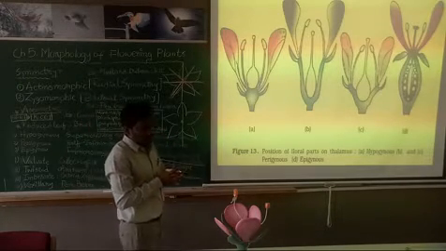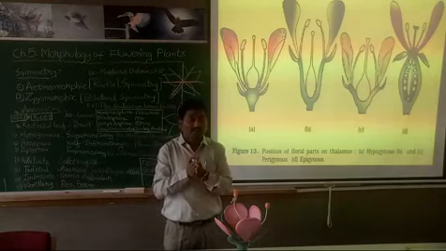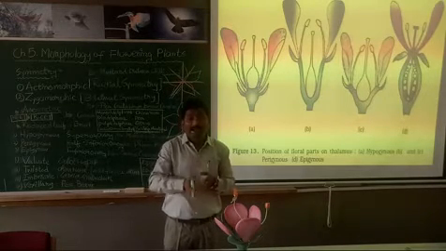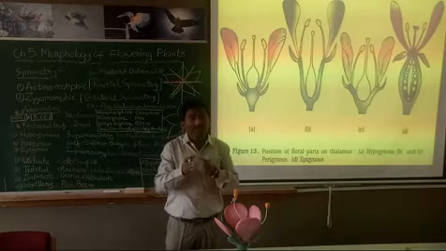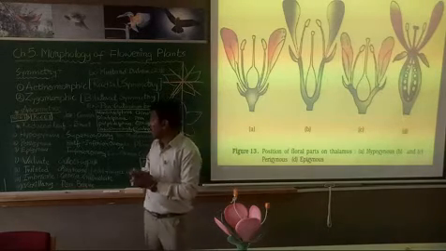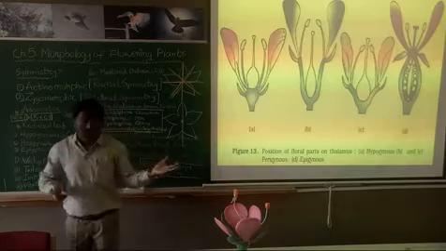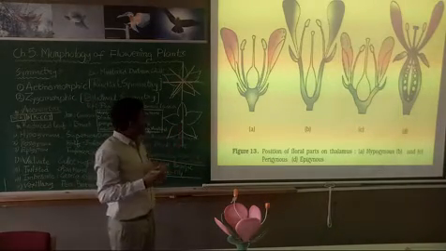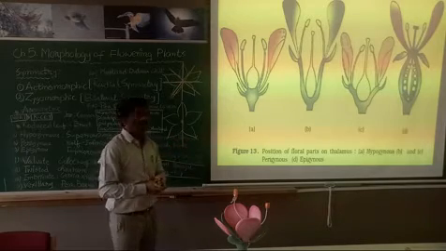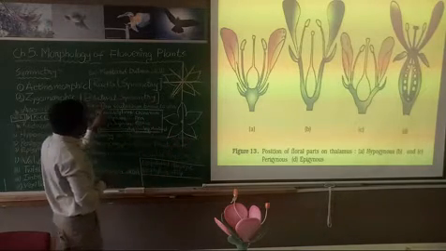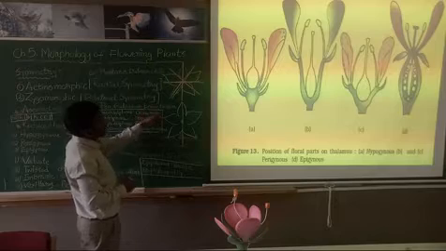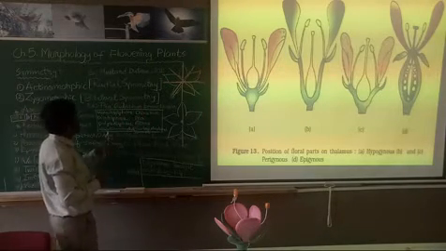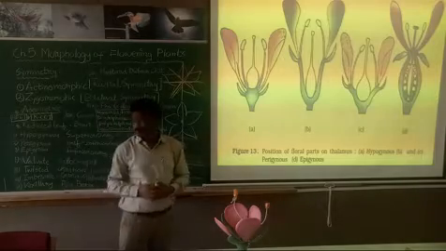When we pass one central line, through that passing only, the flower can be divided into two equal halves. And apart from that plane, apart from that direction, if you want to cut, it won't be divided into two equal halves. Examples: pea, gulmohar, beans, cassia, etc. These are all examples for zygomorphic or bilateral symmetry.